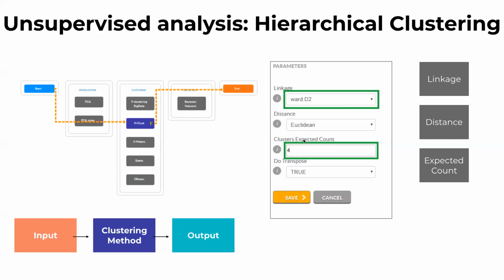There's the do transpose, which you need to add as true. And this allows you to transpose the input matrix, such as to set whether clustered objects are going to be represented by rows or columns in the input table. And we can use this clustering to cluster objects or features.